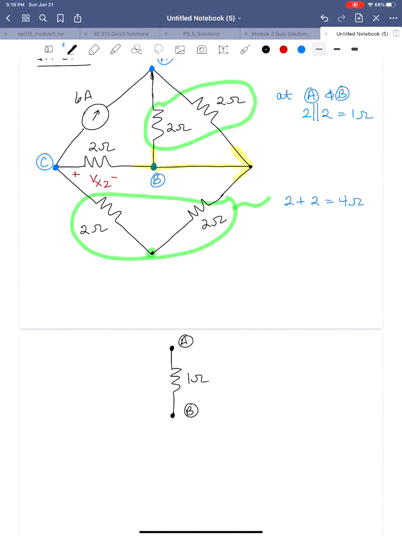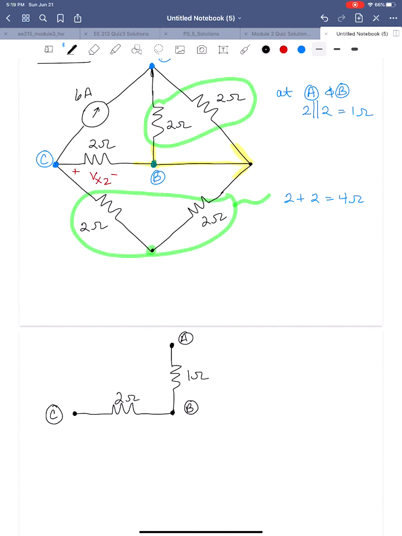All right. I'm going to put C right over here. And then we have that 2 ohm resistor there between B and C. Between C and A, we have our current source, 6 amps. And then between B and C, we also have that 4 ohm series combination.